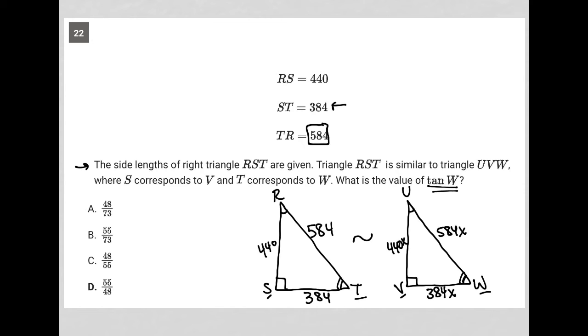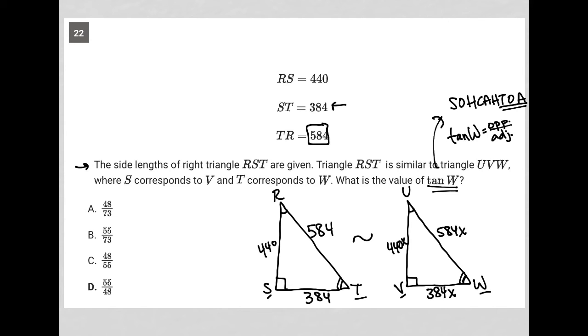The tangent of W. Well, tan should remind you of this acronym SOHCAHTOA, where the TOA portion here tells us that the tangent of an angle, let's call it tan W, is equal to the O, the opposite side of that angle, over the A, the adjacent side of that angle.